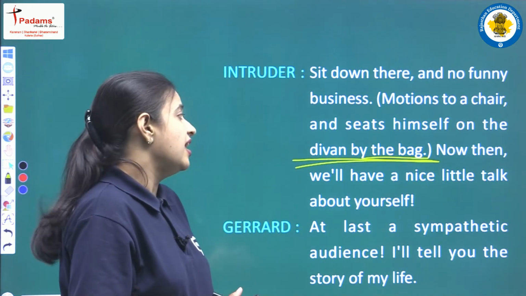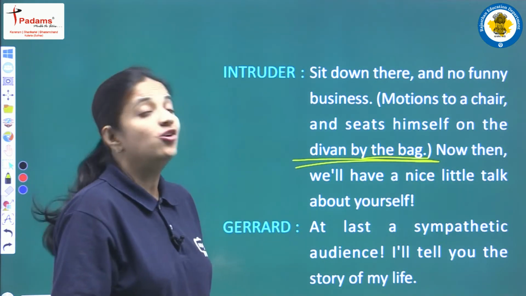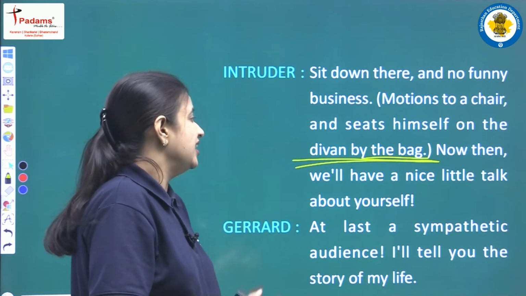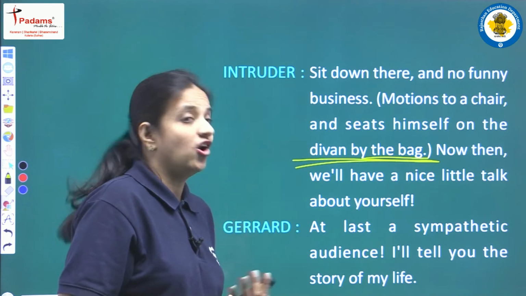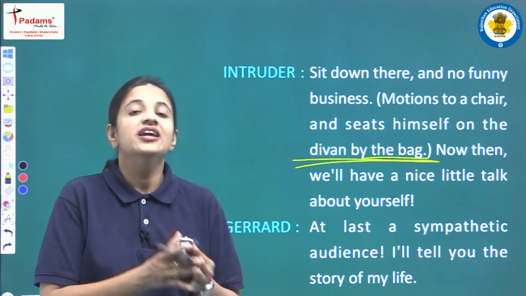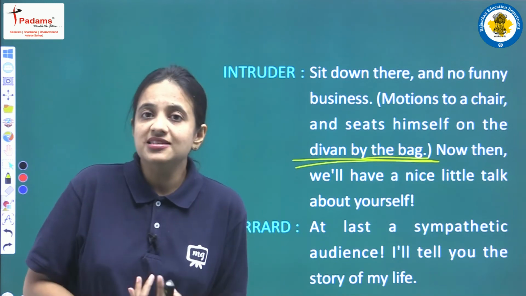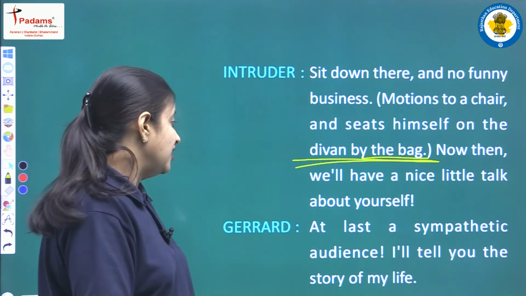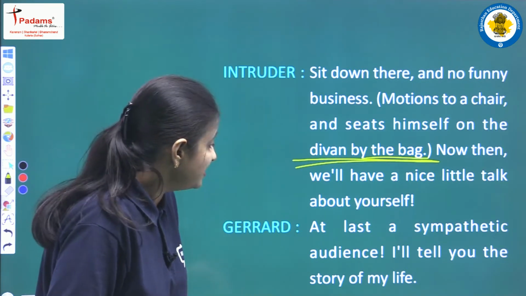Intruder: "Now then, we will have a nice little talk about yourself." The intruder is saying that now we will have a little talk about yourself. So what it means is the intruder just wanted to know some answers, he wanted to talk about Gerald. Gerald says, "At last, a sympathetic audience.